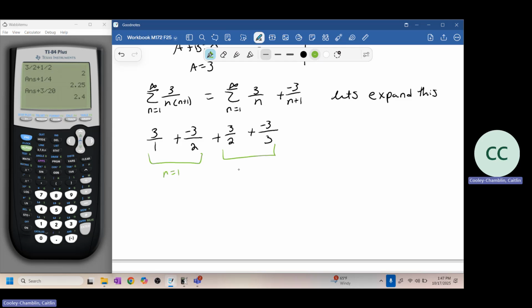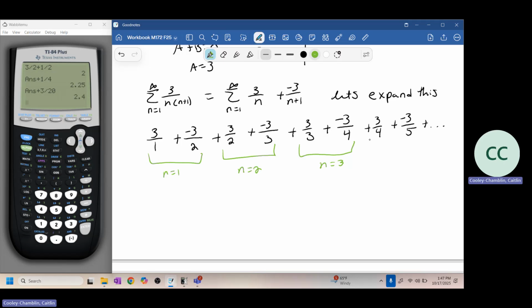This is when my n is 2. Now let's plug in 3. If I plug in 3, I get 3 over 3 plus negative 3 over 3 plus 1 is 4. This is n is 3. I'll do one more. And if I plug in 4, I get plus 3 over 4 plus negative 3 over 5.